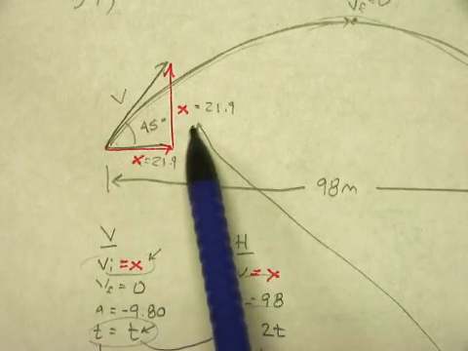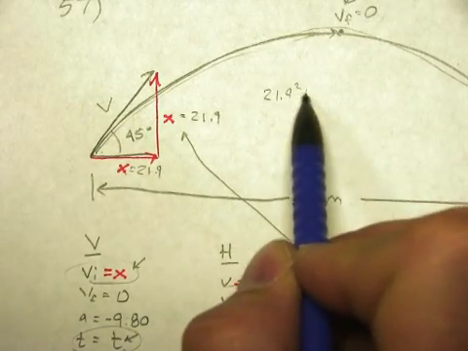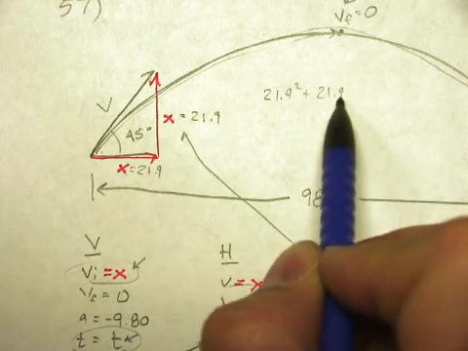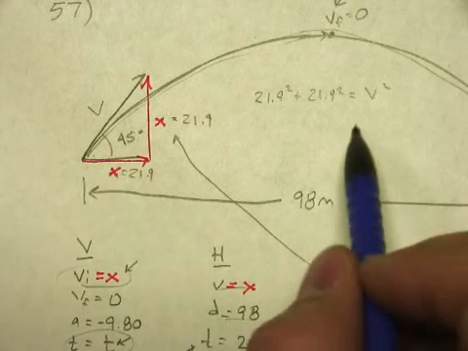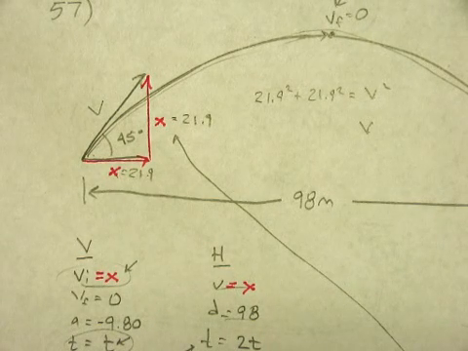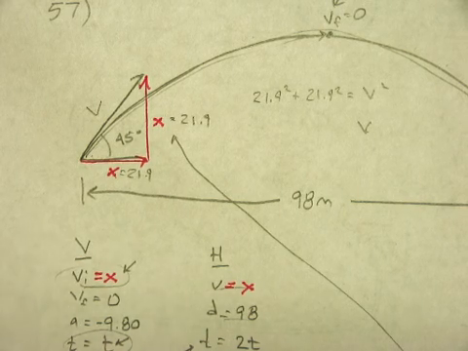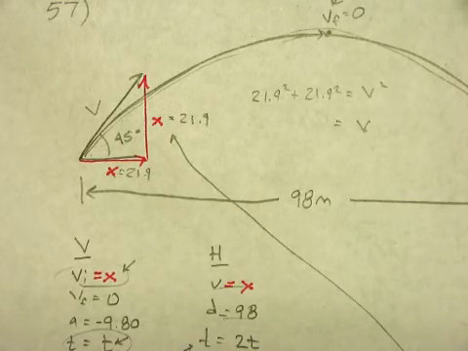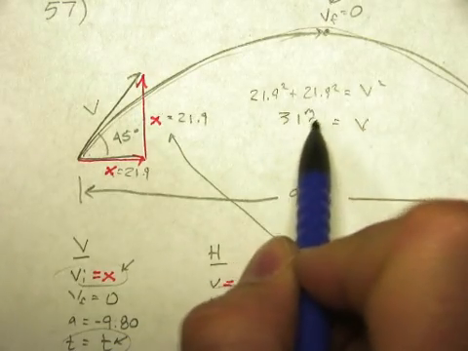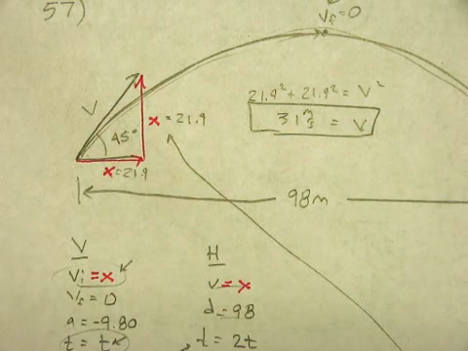Now I'm going to use the Pythagorean theorem: 21.9 squared, a squared plus b squared equals c squared. Taking the square root, it comes to 30.9, so I probably have to go with 31. And that's my final answer, 31 meters per second.